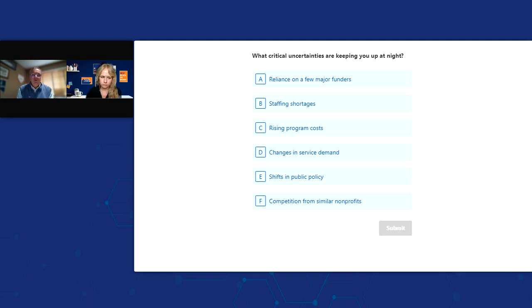One of the things as folks are filling out this poll question, particularly when it relates to item F on the options, is we're actually seeing a trend that nonprofits are starting to collaborate because they're working with the same mission and the same market, and they're combining resources because they can do more together than they could individually. So we'll talk more about that later on in the presentation.